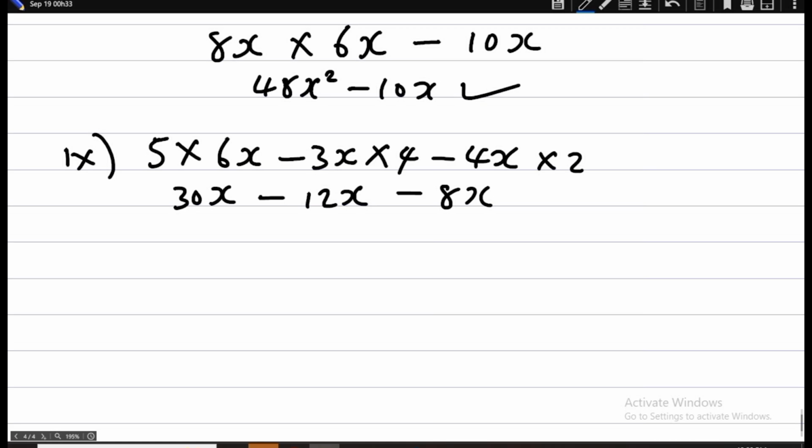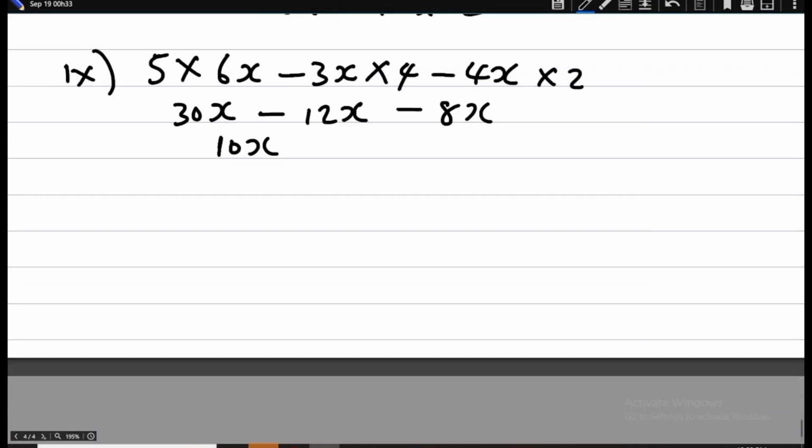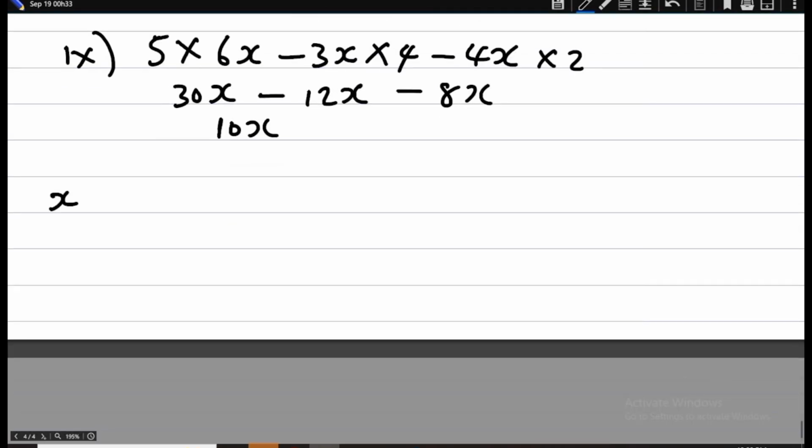So we go to question number X, which gave us 9 times 3a, not 3x, minus in brackets 4a plus 2a, then times 3.